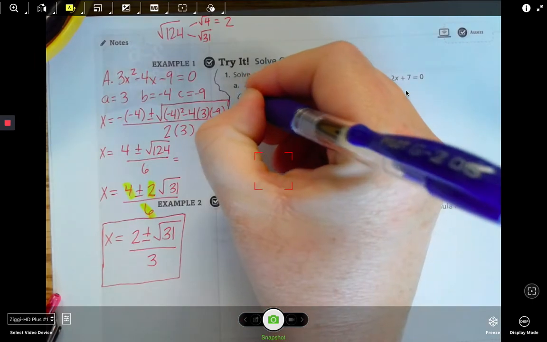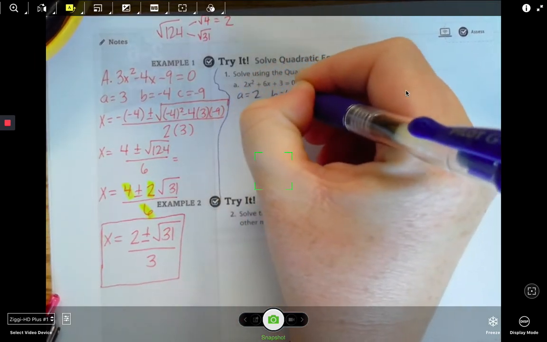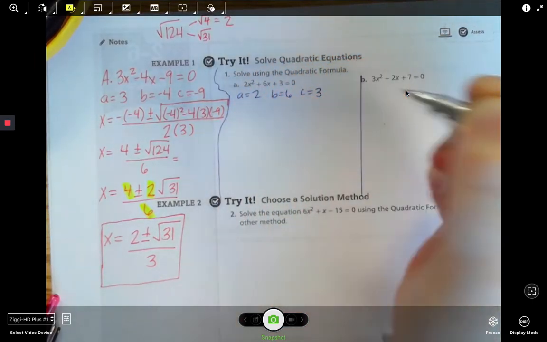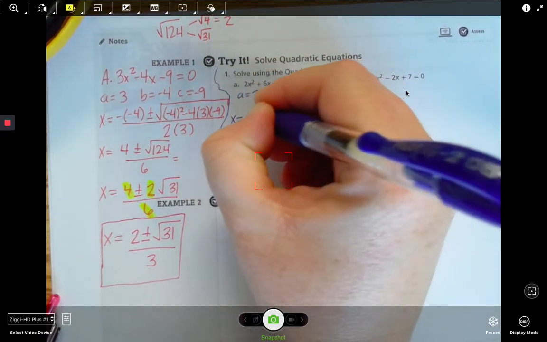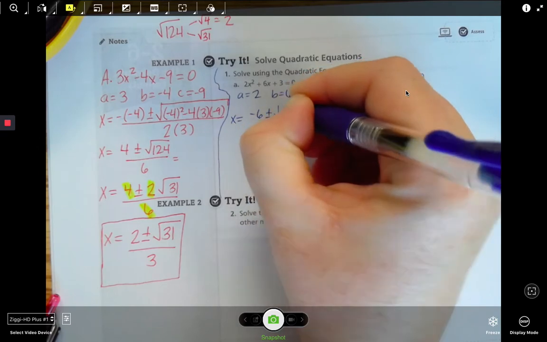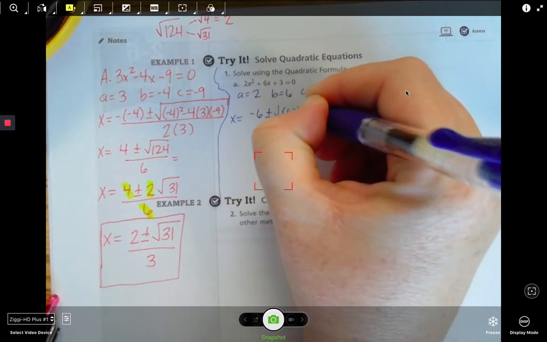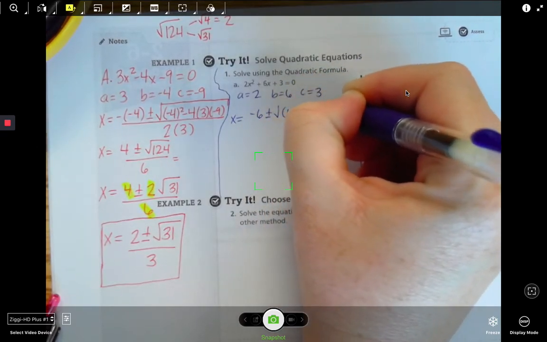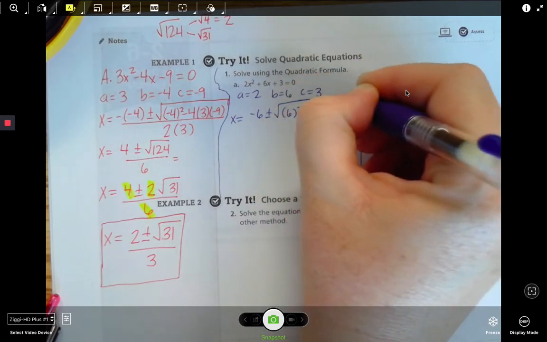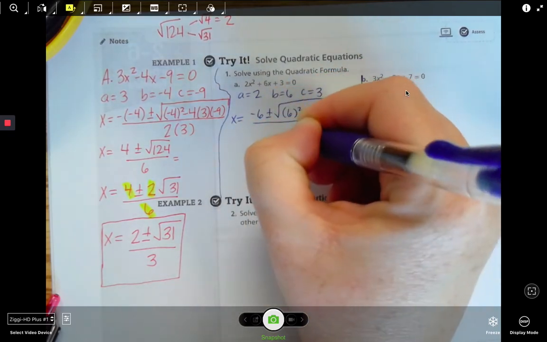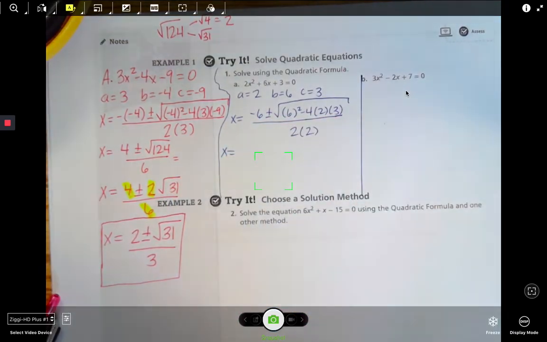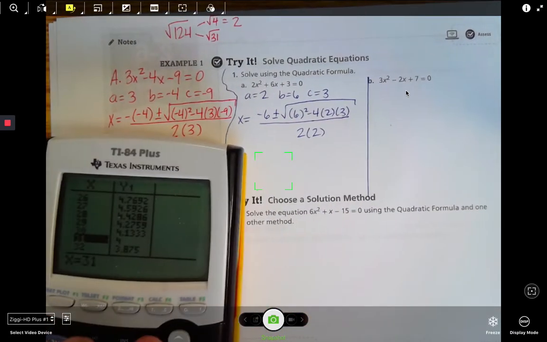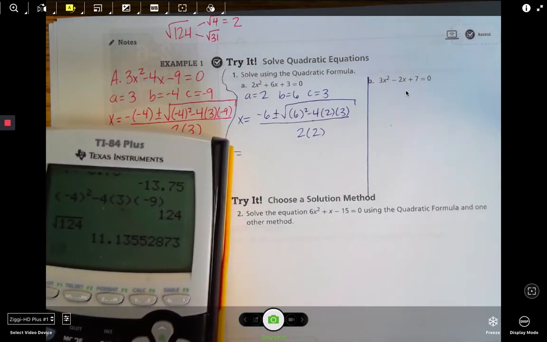We'll figure out what A equals, what B equals, and what C equals. So x equals the opposite of b plus or minus the square root b squared minus 4 times a times c, all over 2a. So x equals, remember I go ahead and simplify what's underneath my radical symbol.